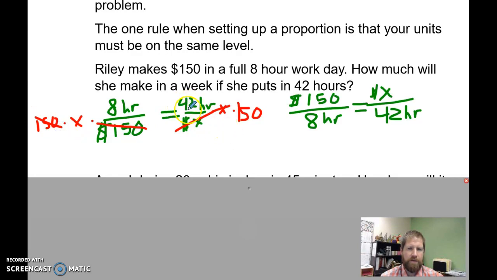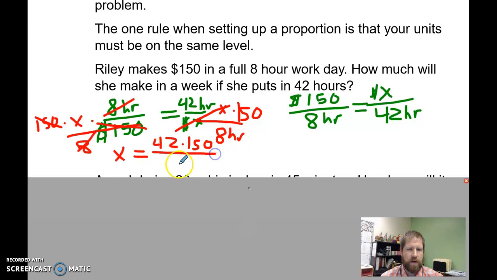I have 42 times 150, but then I still have X times 8, so I'm going to have to divide both sides by 8. If I divide this by 8, these will cancel. So now I'm left with X equal to 42 times 150 over 8. So I'm able to do it, but there are a lot of steps in there.